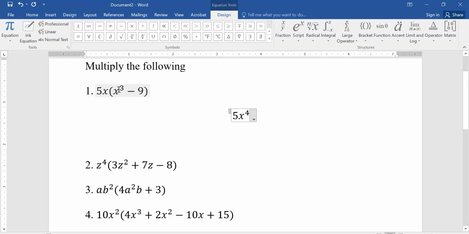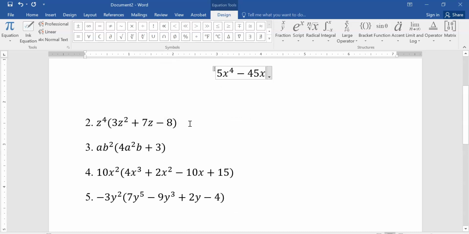So x times x to the third gives you x to the fourth. When you multiply a minus 9 times a 5, you get a minus 45. So 5x times minus 9 is going to be a minus 45x. So 5x to the fourth minus 45x is the answer to problem number 1.